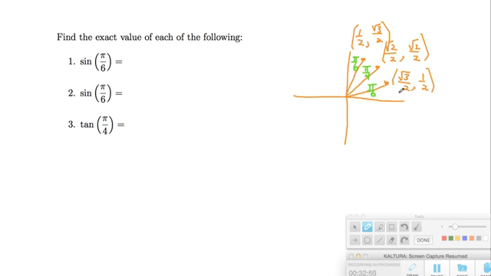And remember that the x-coordinate is cosine and the y-coordinate is sine. So for pi over 6, the sine is going to be just the value 1/2.